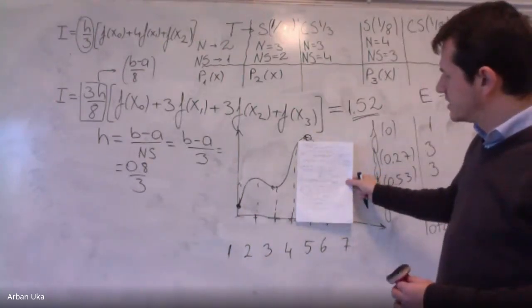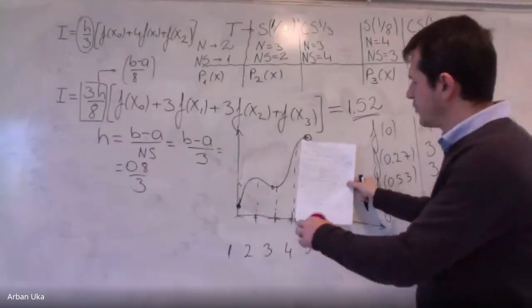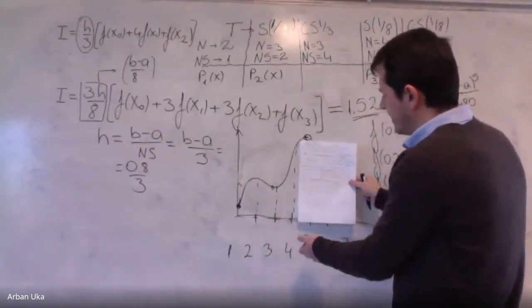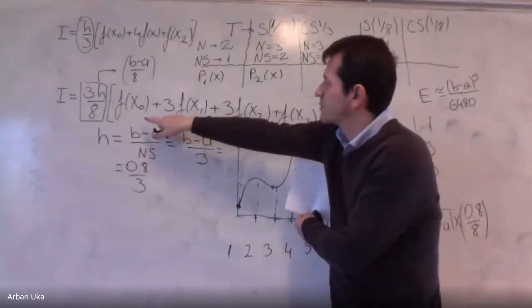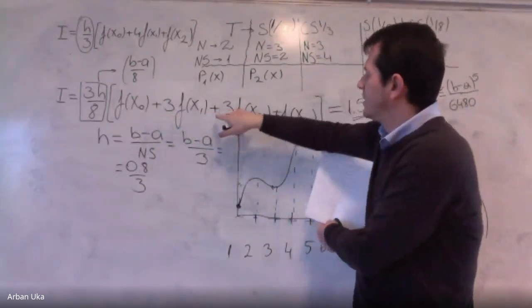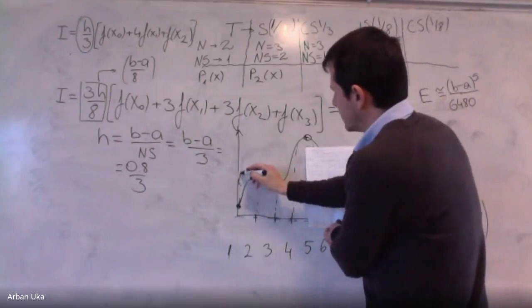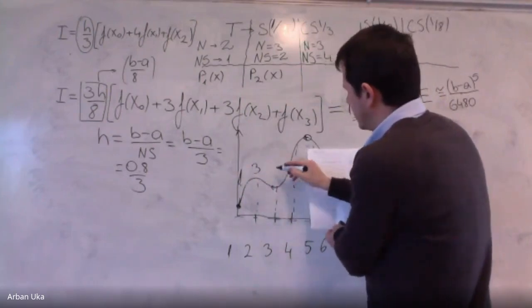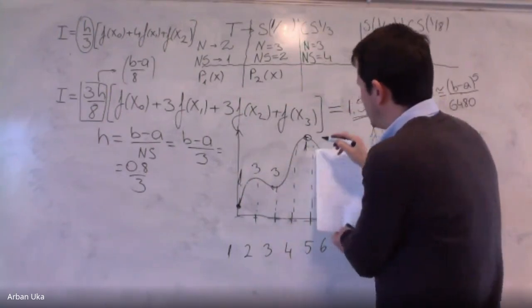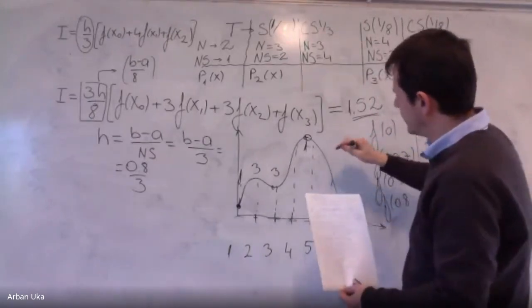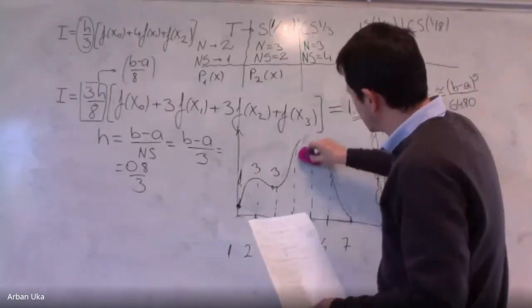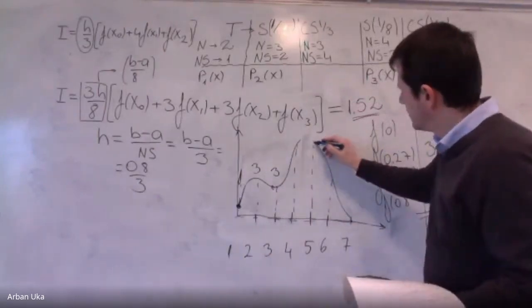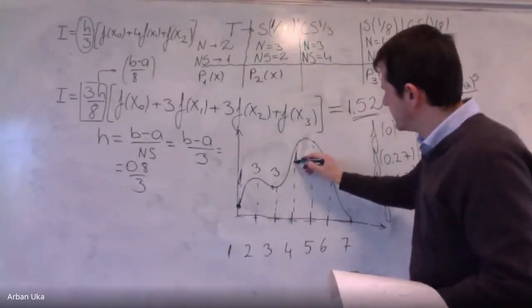So in these 3 segments, we have 4 points, right? And then for these 3 segments, we assign the coefficients which we see in this expression. 1, 3, 3, 1, which means that here we can assign 1, 3, 3, and 1, right? The end point. Sorry, this is not the very best place. Probably I put the 1 here.